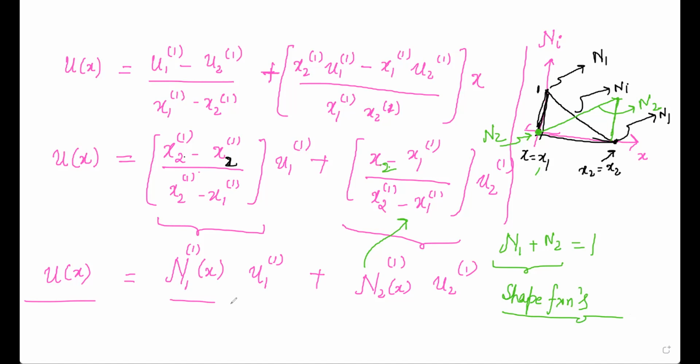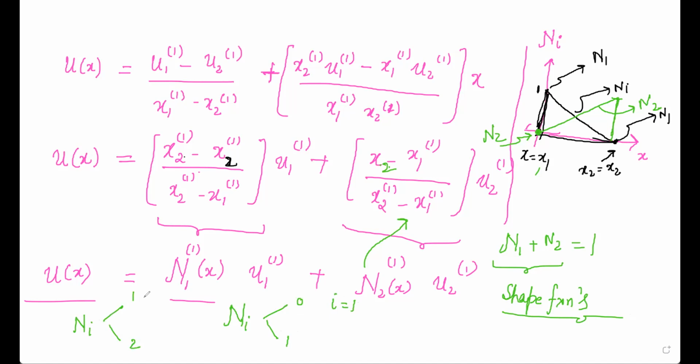Now, if you look at this ni, it has two values: ni is equal to 0, ni is equal to 1. For two nodes, I can be 1 or I can be 2.